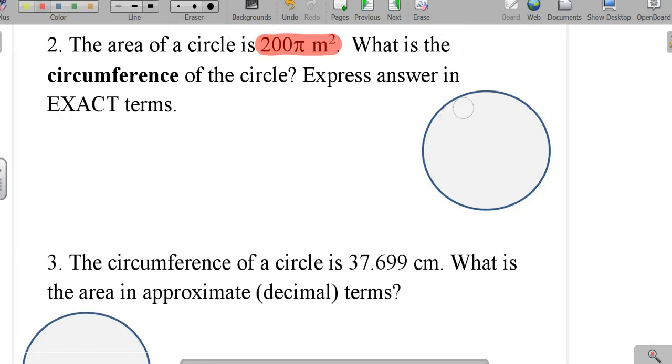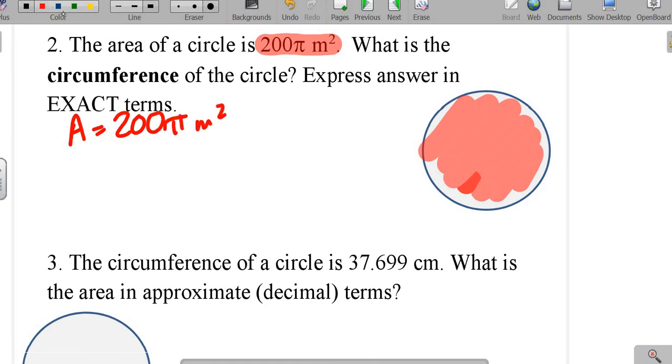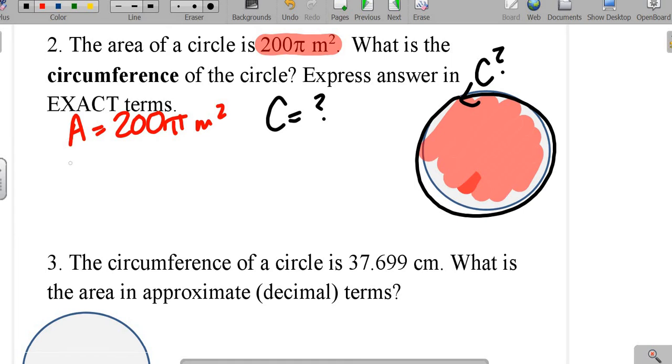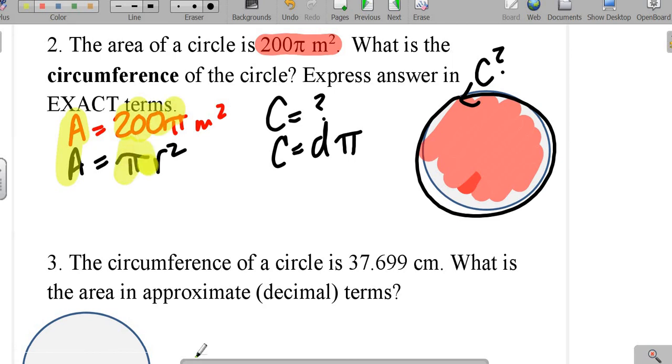The area of a circle is 200 pi. So we're given the area this time. Area equals 200 pi meters squared. This time we're trying to find the circumference. Let's write our area equation. C equals d pi. Since our areas are equal, we can make these equal. Watch very carefully. I have 200 pi equals pi r squared.